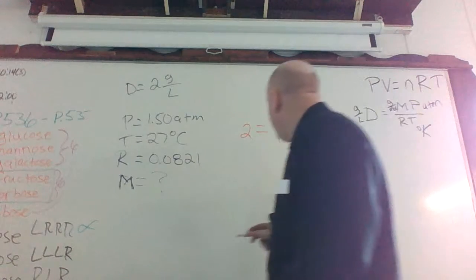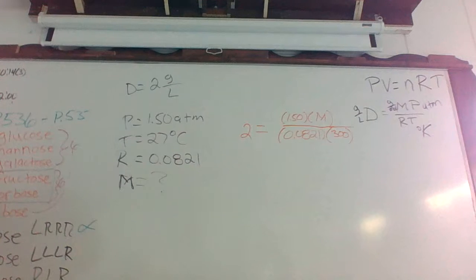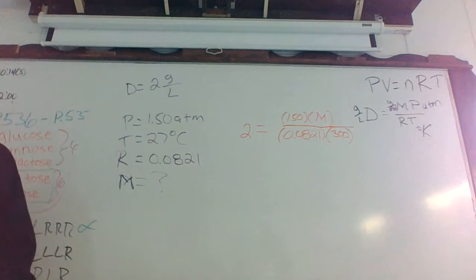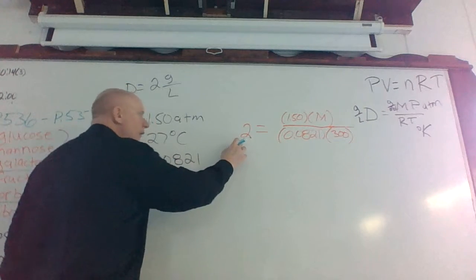So what would be the best way to get M all by itself? Cross what? Our I's, our T's, our fingers, what? Yeah, we can put 1 under here. That's fine.